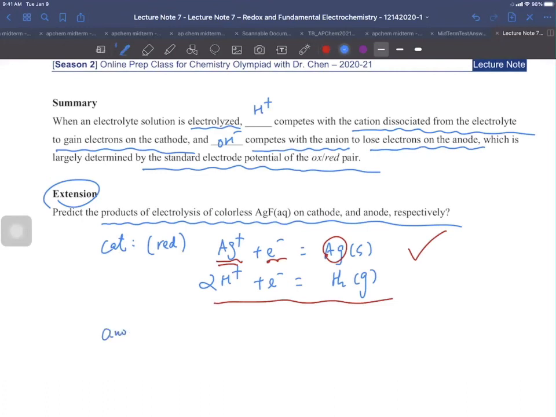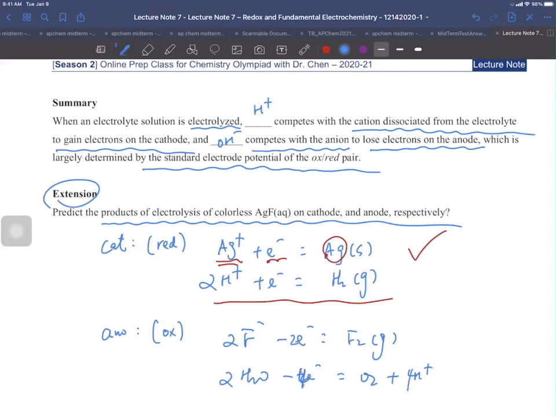And on the anode, it will be oxidation. So we also have two competitors. The first one is F minus losing electrons to change into fluorine gas. The second one is water losing four electrons to change into O2 and H plus, right?